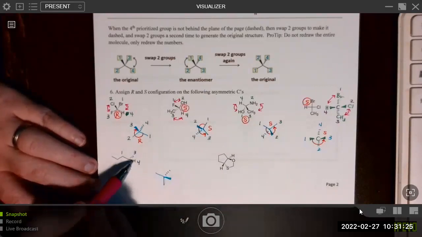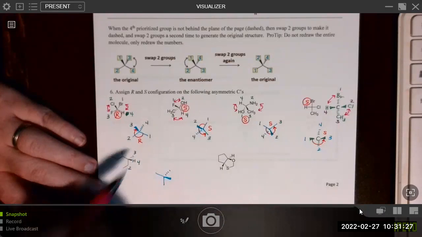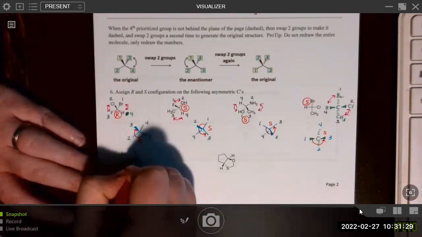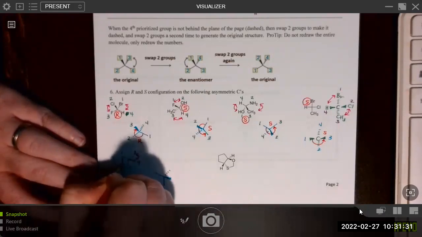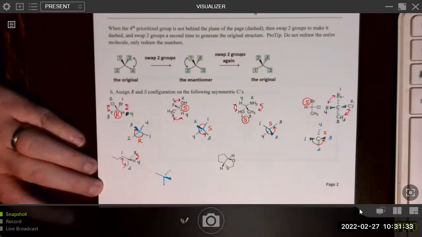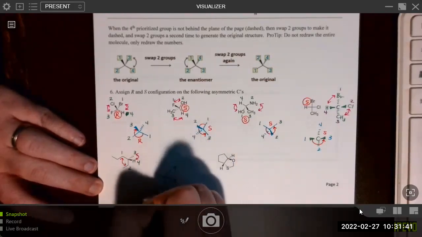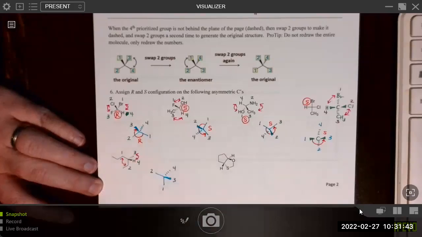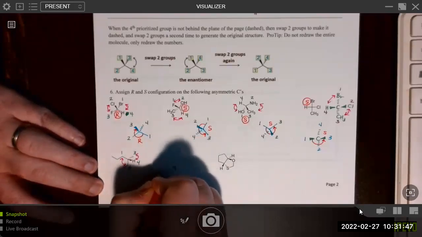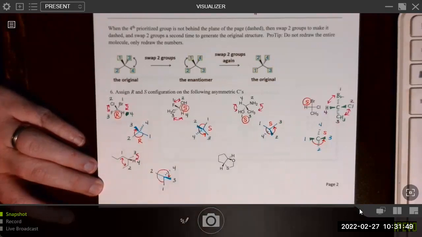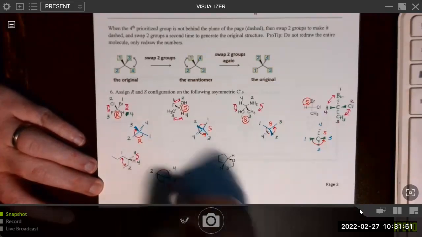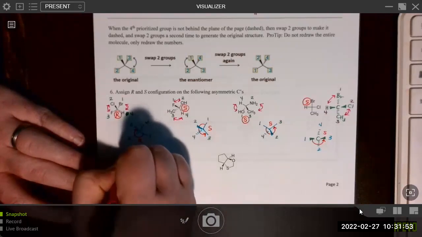Because currently my fourth priority is coming out at me and I want it to be behind. So I'll switch those two and switch the others as well. After the switch, I will end up with 4 and 3 and 1 and 2. And then 1 to 2 to 3. This is a clockwise plus R rotation, so this one is also R.